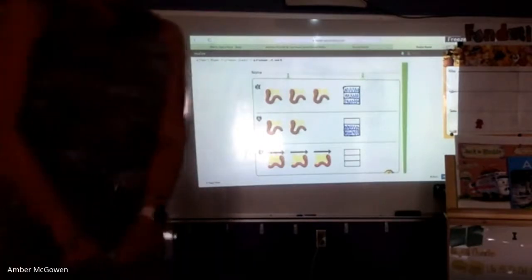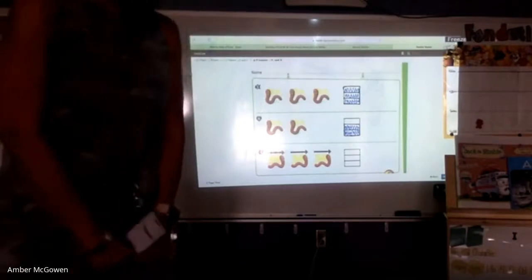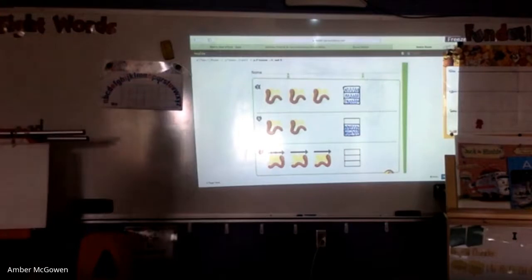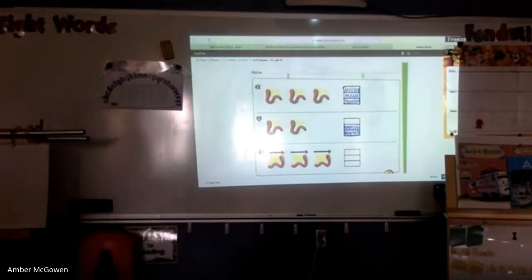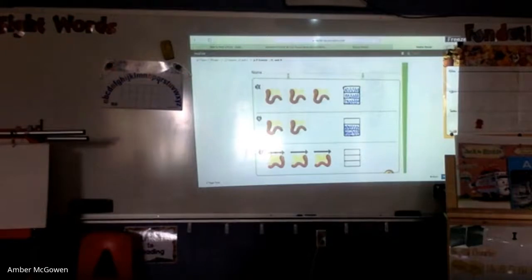So you guys do the last one by yourself. Count the worms and then color in the boxes to show how many. Yeah, that's a good 5. So do number 5, count how many, and then color in that many boxes.